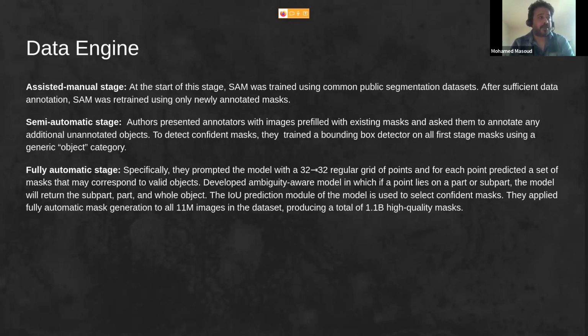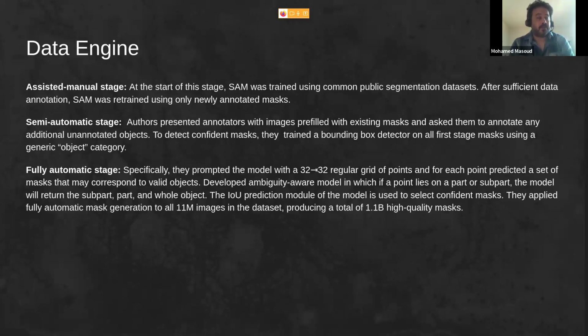Then they went to the second stage, which is a semi-automatic stage. In that stage, they used the images from the first stage and their masks to train the model again, and there was a part where the annotators come to just adjust or find the objects that were not correctly located in the image.